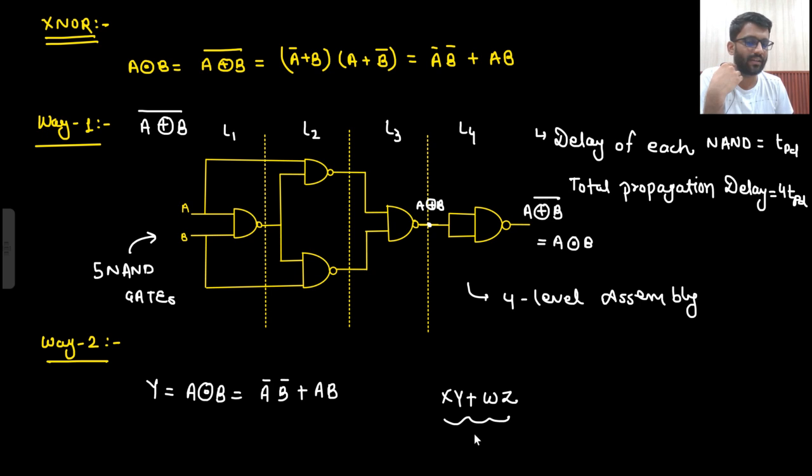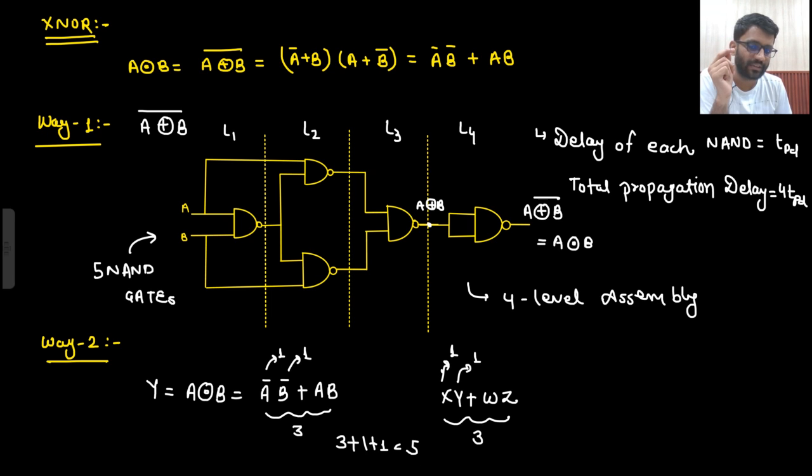How much will this take? 3. And A bar will take 1, and B bar will also take 1. So 3 plus 1 plus 1, the answer is 5. So using 5 gates only, I can implement the XNOR gate, but in a different manner. I will check there how much delay I am getting.